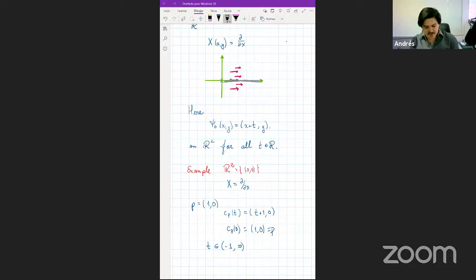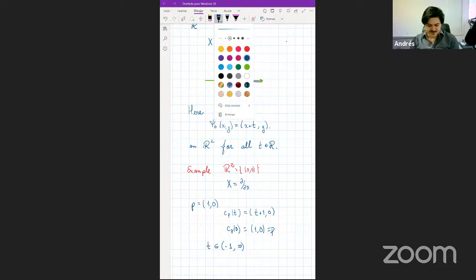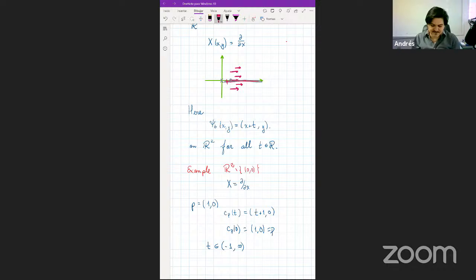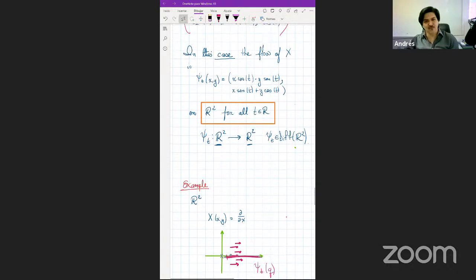Okay? Because under the flow, this point is going to be moving along here. It will move here, a point under the flow. Now, so you see, as opposed to this example, if I would like to write the flow, I have to be careful.